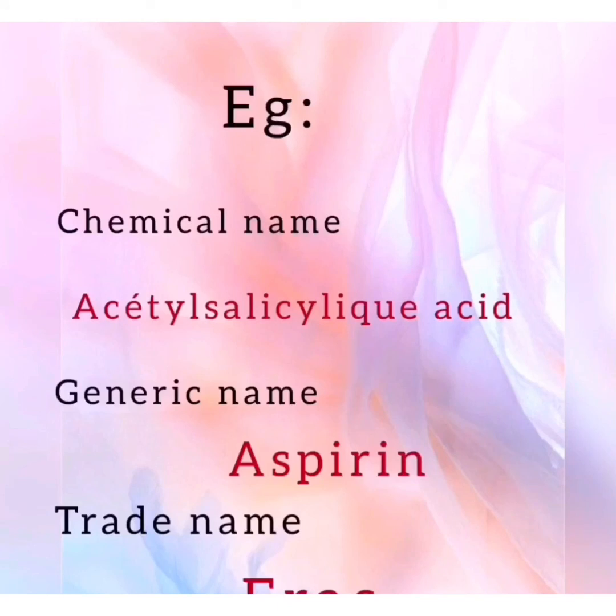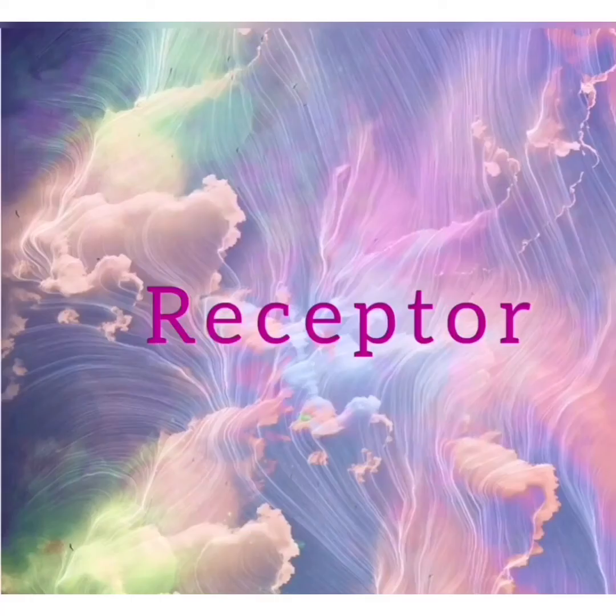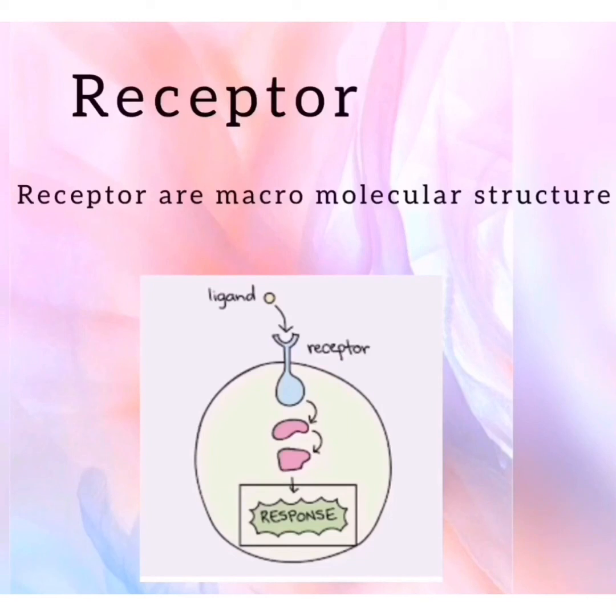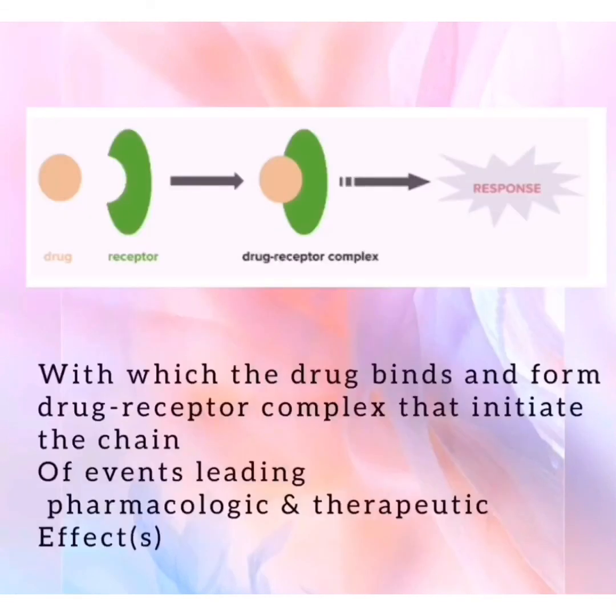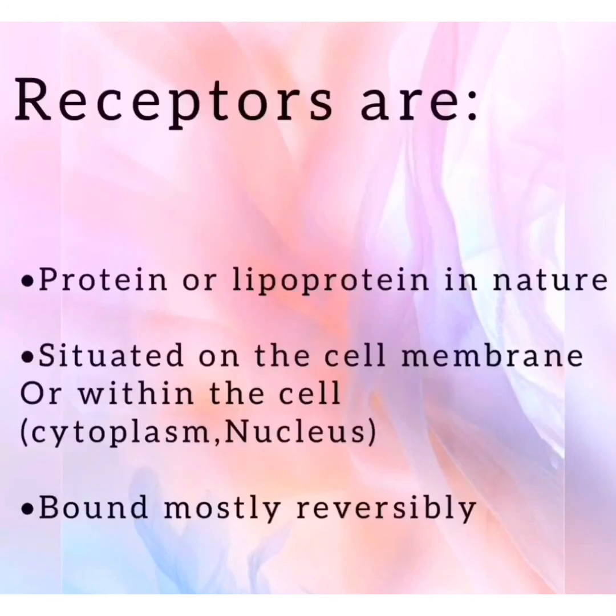Now we go through receptor, the delicious part of pharmacology. Receptor are macromolecular structure with which the drug binds and forms drug receptor complex that initiate the chain of event leading pharmacological and therapeutic effect.